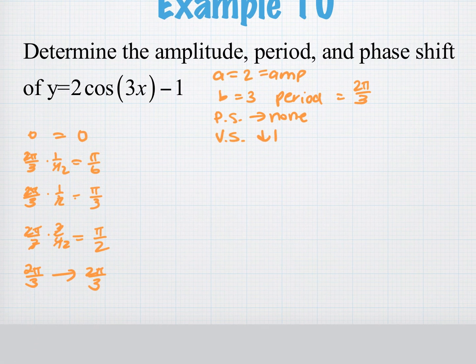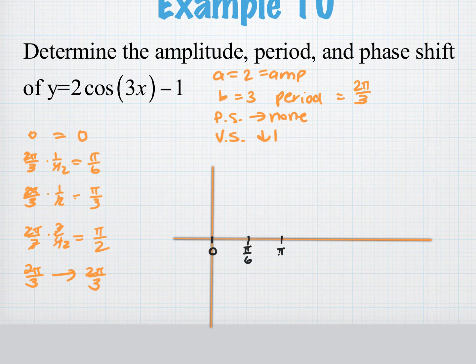We go to the graph. Zero, pi over 6, pi over 3, pi over 2, 2 pi over 3, amplitude is 2.